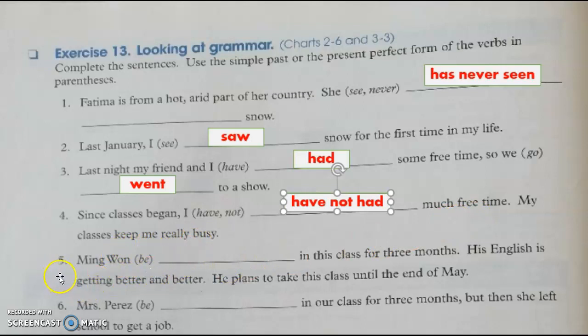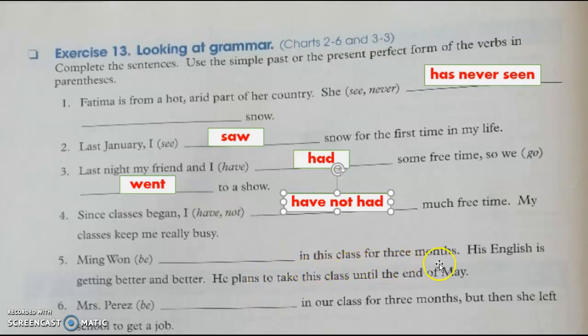Number 5, Ming-Wan, verb be in this class for 3 months. His English is getting better and better. He plans to take this class until the end of May. Do you think that the action here of the verb to be finished in the past, or it continues somehow? What word tells you that it finished or it continues?